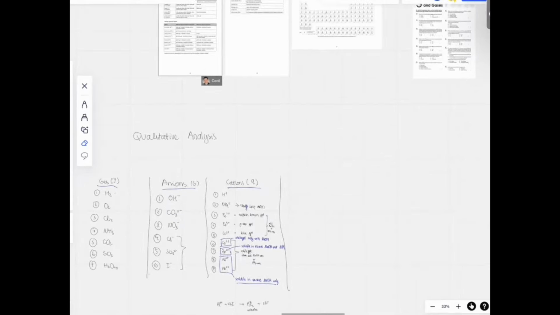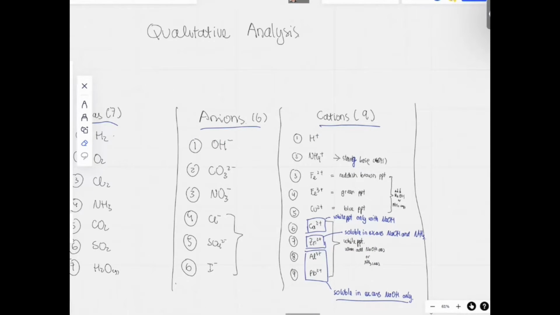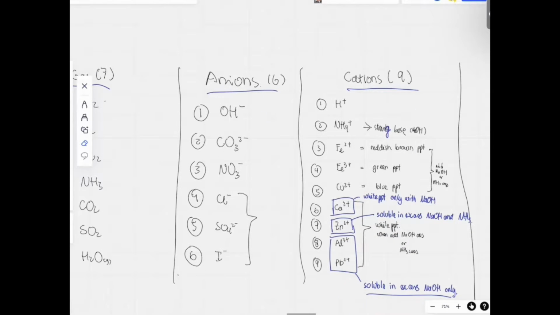Now anions. Anions have six: OH minus, CO3 2 minus, NO3 minus, Cl minus. What are the names? Hydroxide.